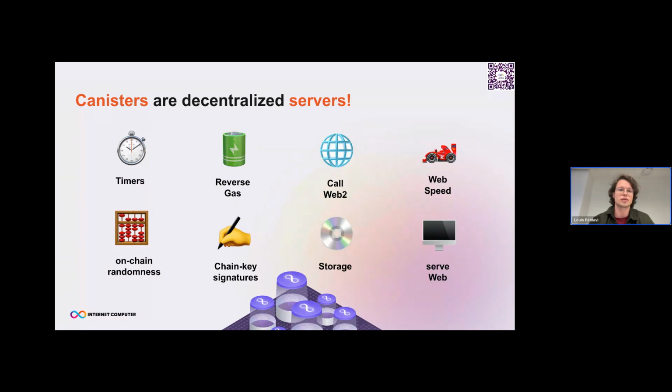But today we'll focus on two that are really crucial for the integration with Solana, namely HTTP outcalls, the ability for canisters to call into Web 2 services and essentially interact with the outside world, as well as chain key signatures. Canisters have control over unique ECDSA or Schnorr key pairs and can securely request signatures. And this enables us to interact with Bitcoin, Ethereum, and today we'll focus on Solana.